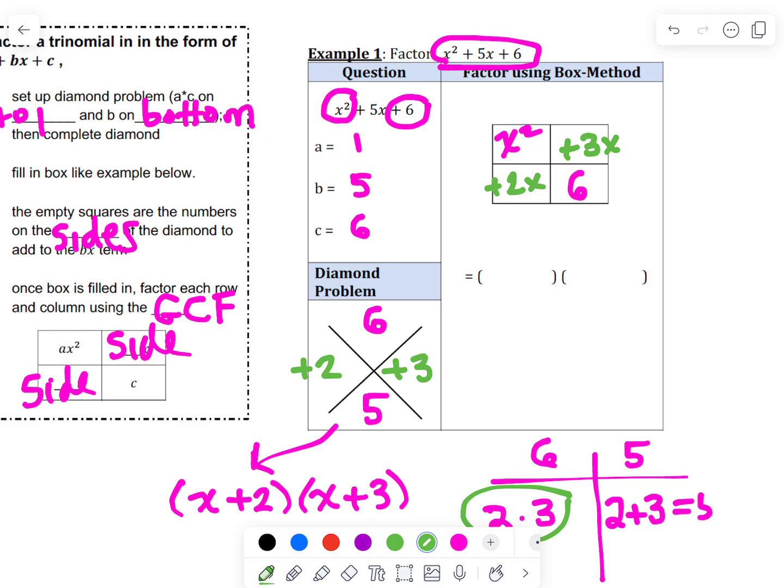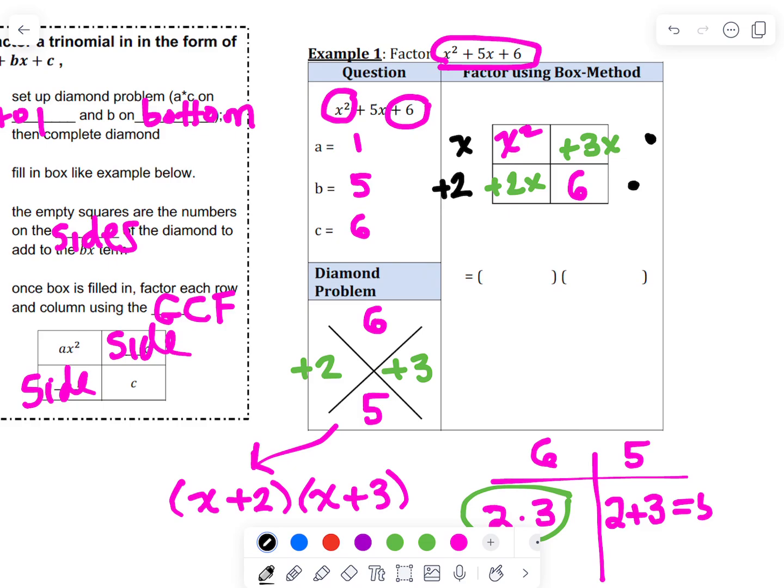And now what we do is we take out the greatest common factors, the GCFs, of each of the rows and columns. So let's start with this first row. What is the GCF of x squared and 3x? Well, that is x. Then we go to the second row. What is the GCF of 2x and 6? Well, that is positive 2.